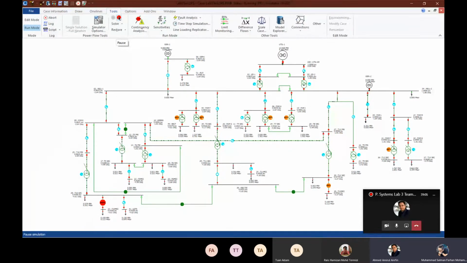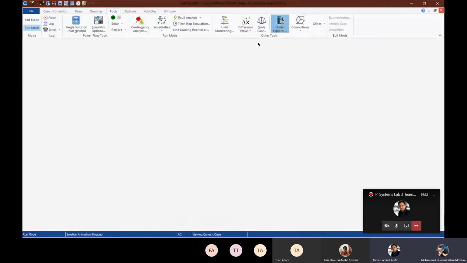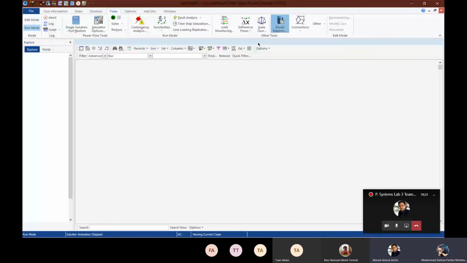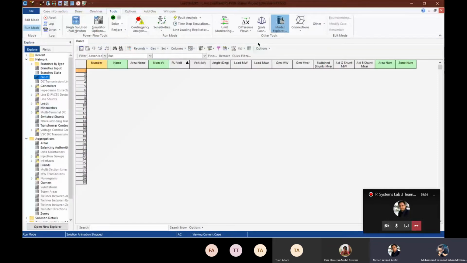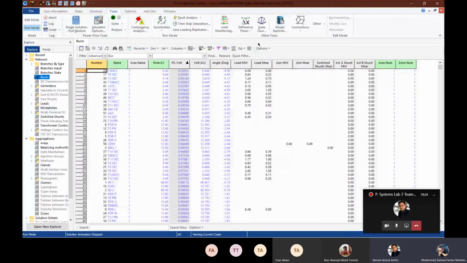You want me to open the model explorer, sir? Here at buses, we have to compare the per unit voltage between the highest and the lowest.